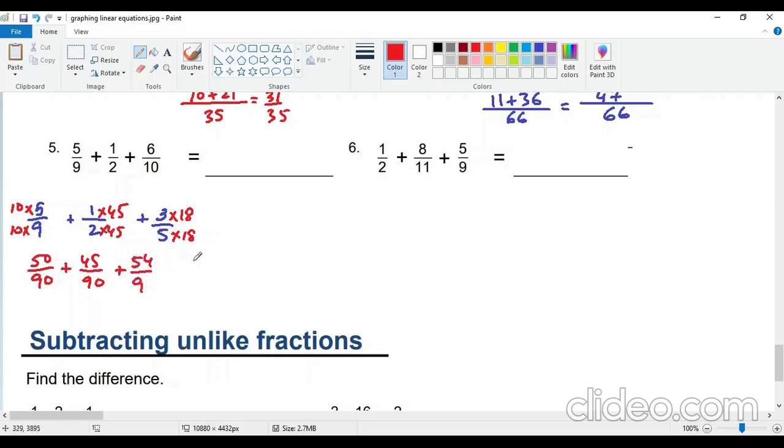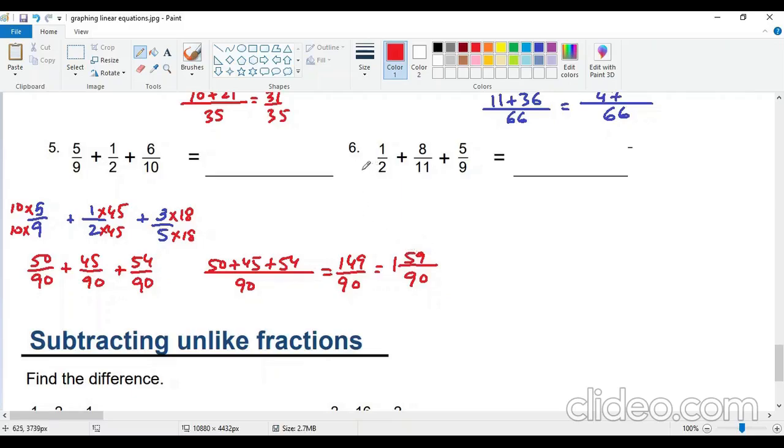Same procedure, we make a straight line and write 90 once only, and 50 plus 45 plus 54 is going to give us 149 over 90. We know very well 90 times 1 is a 90, and 149 minus 90 is going to give us a 59, which is your final answer.